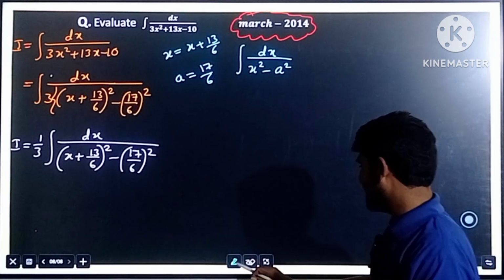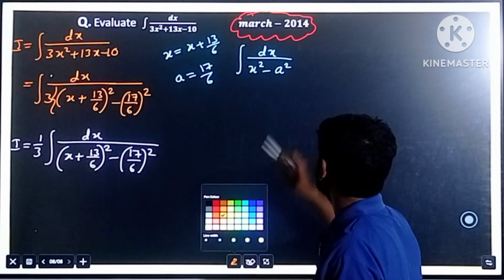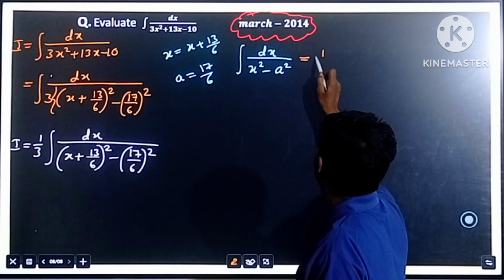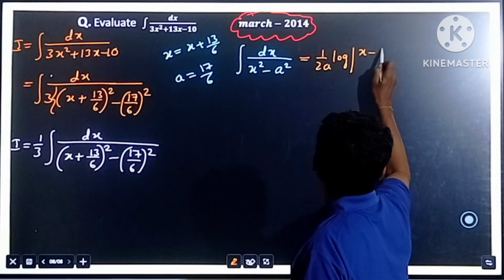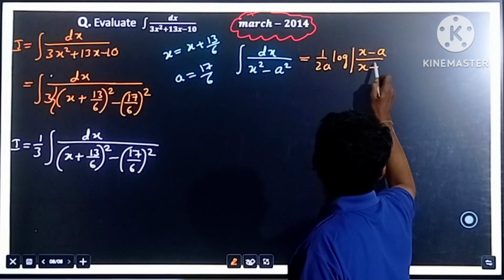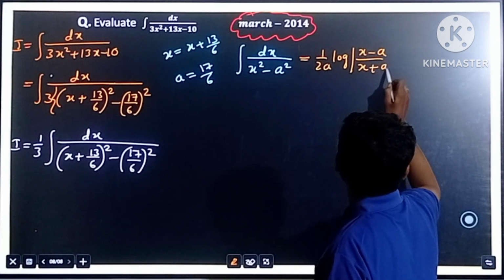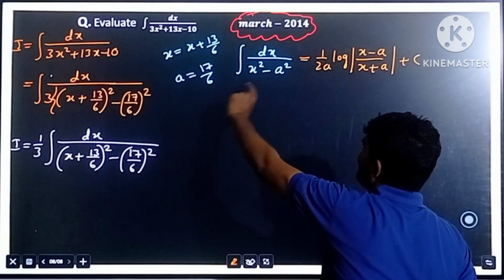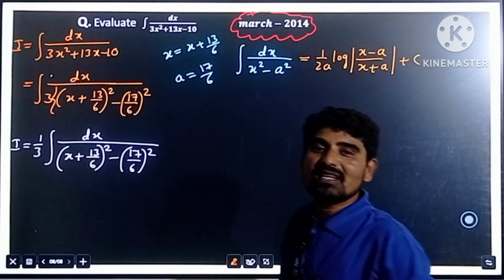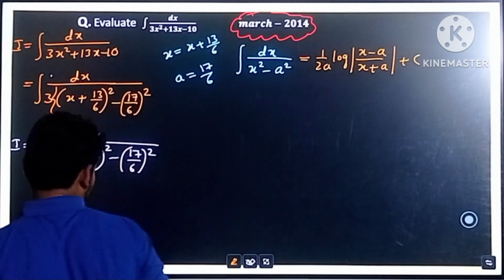I hope all of you are understanding. Now the formula for this is 1 divided by 2a into log of x minus a divided by x plus a plus c. Just substitute the value of x and a in this formula, which is the required answer. I hope all of you are understanding.